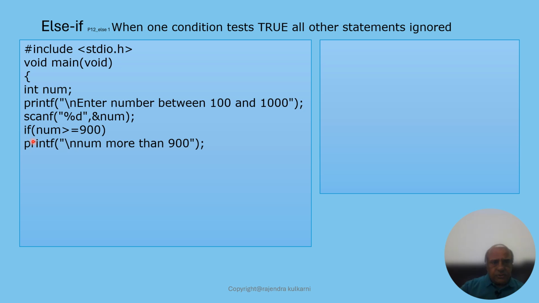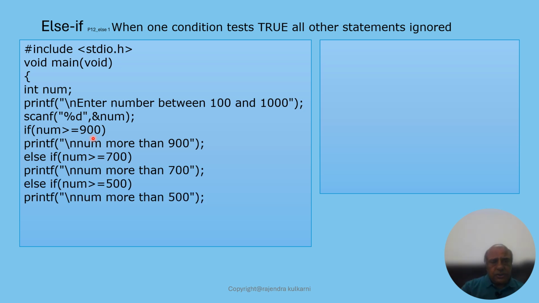Then our if else ladder, else if ladder: if num greater than or equal to 900, else if num greater than or equal to 700, else if num greater than or equal to 500, else if num is greater than or equal to 300. This is the ladder. What this program is doing is the user input is being checked whether it is more than 900 or 700 or 500 or 300.